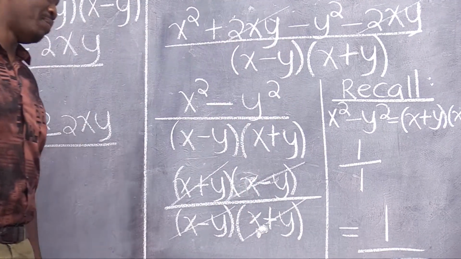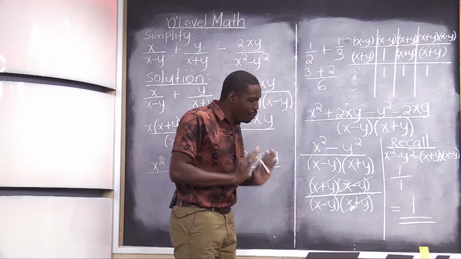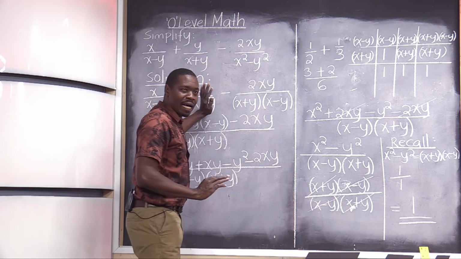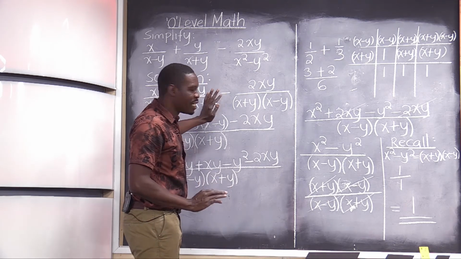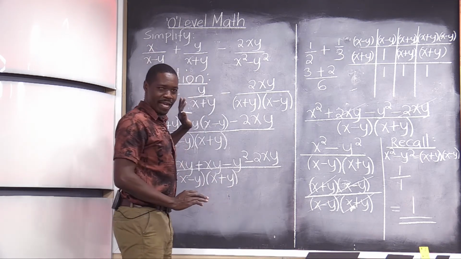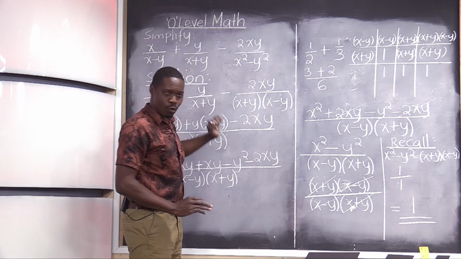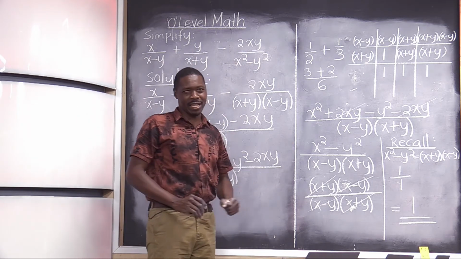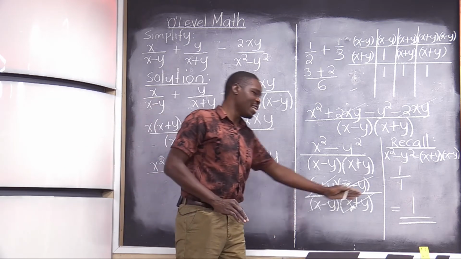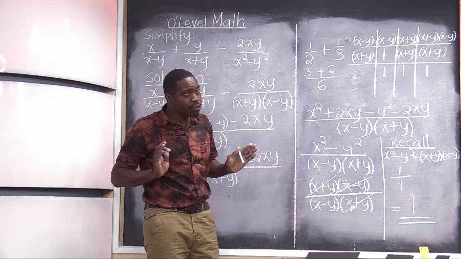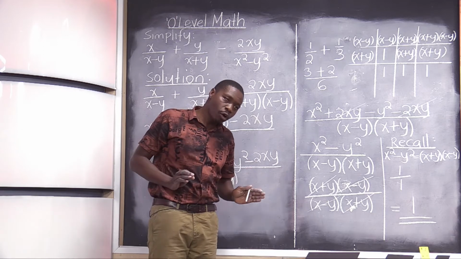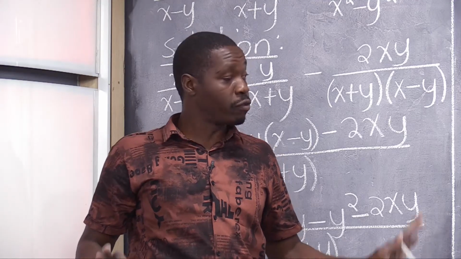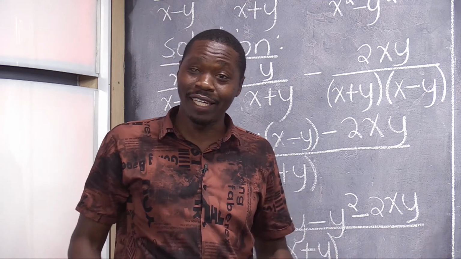Mr. Examiner, sir, we have humbly simplified your algebraic expression, x over x minus y, plus y over x plus y, minus 2xy over x squared minus y squared. The final answer is a 1. You wanted us to simplify. That is all. Mark our work, give us our full marks. We have solved it. We have simplified it.